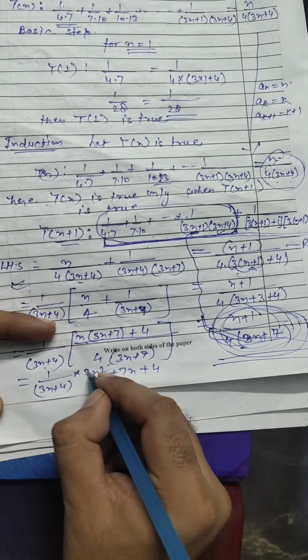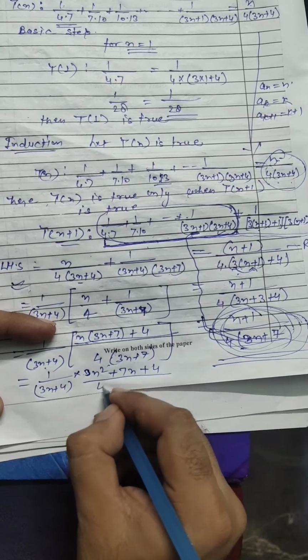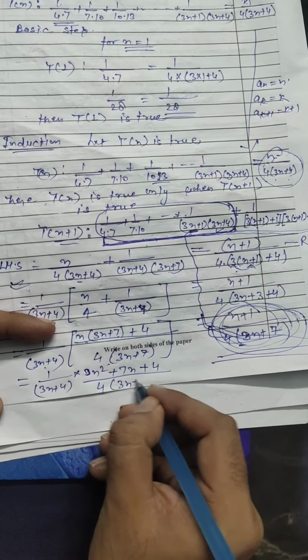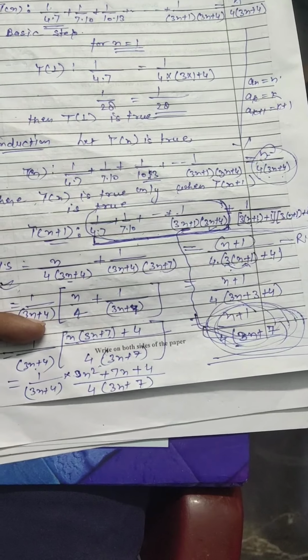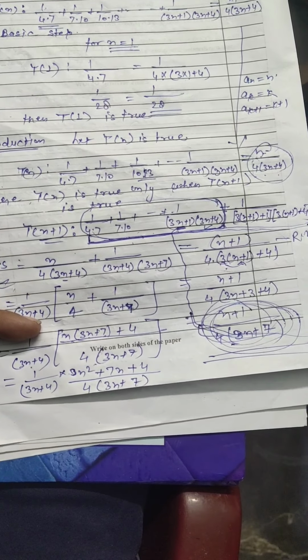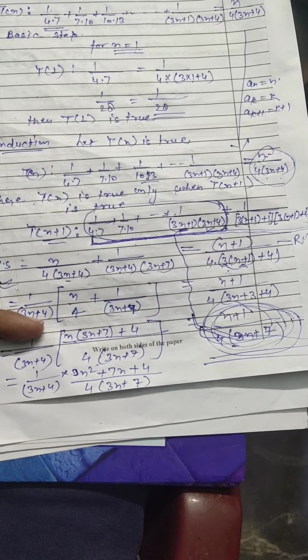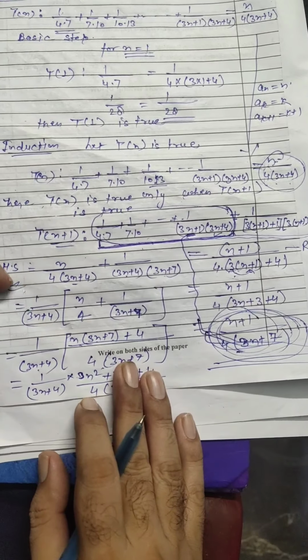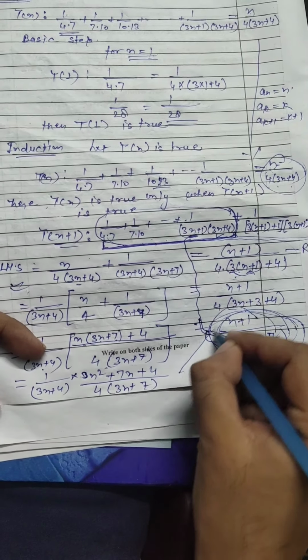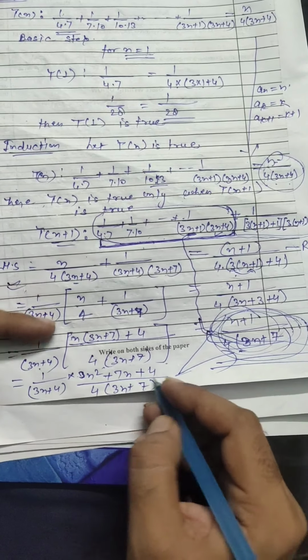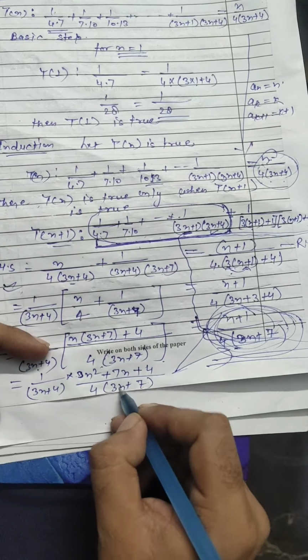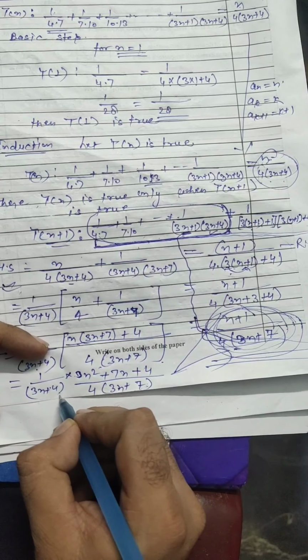Okay, and students, if you solve this portion, you will get this RHS. If you solve it, 3n plus 4 will be cancelled out.